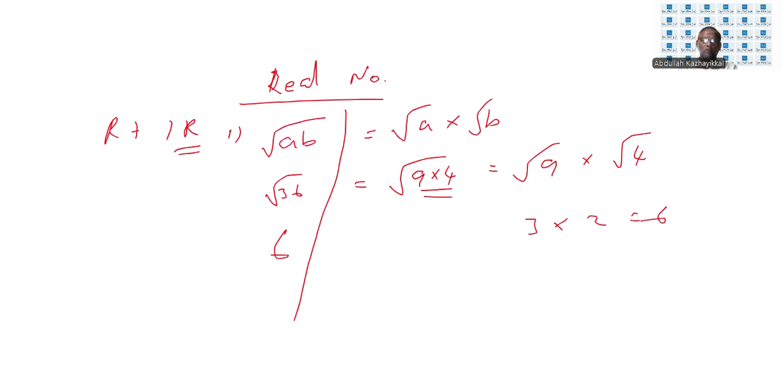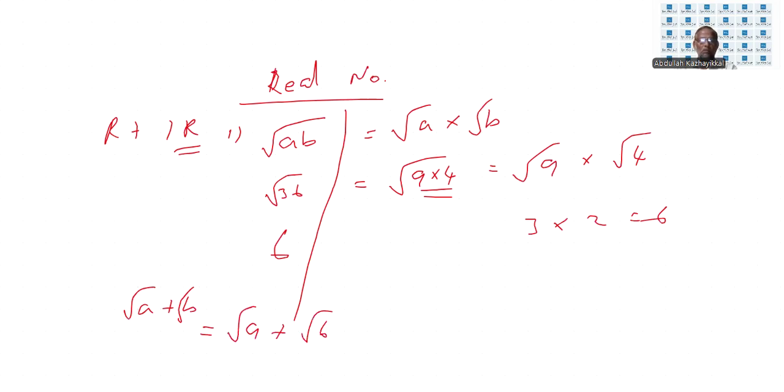Remember, this is not for addition or subtraction. Don't think it is root of A plus root of B. No, there is no plus. Root of A into B is for multiplication. Don't confuse. Sir, you told root of 9 plus root of 4 means root of AB?